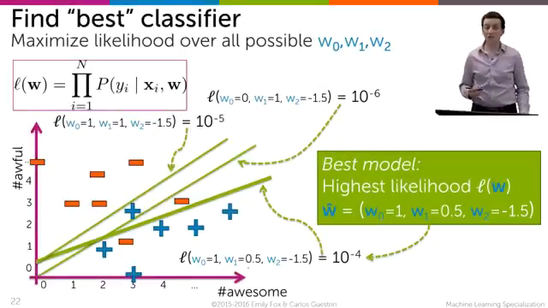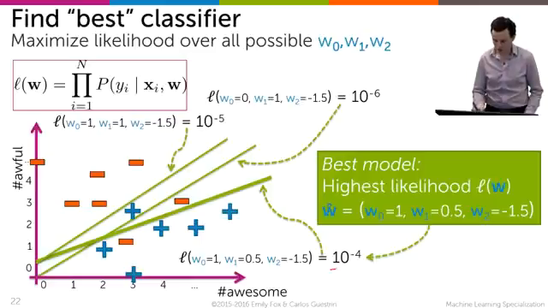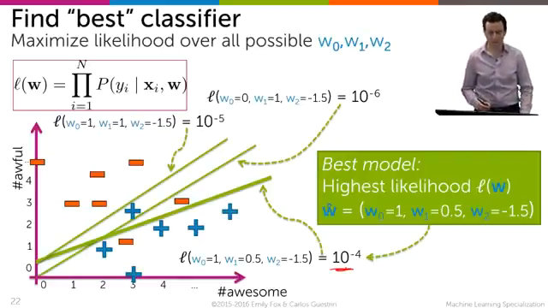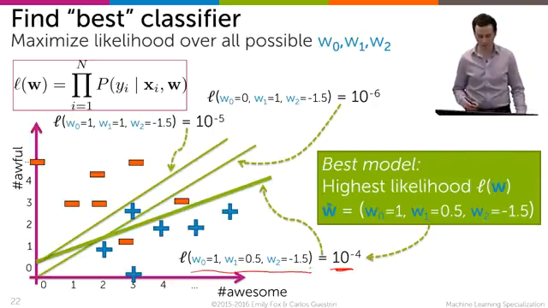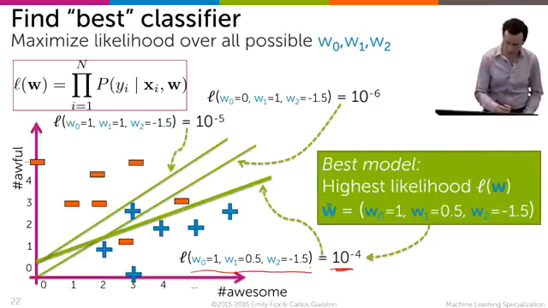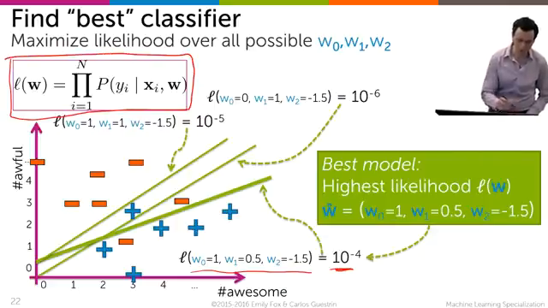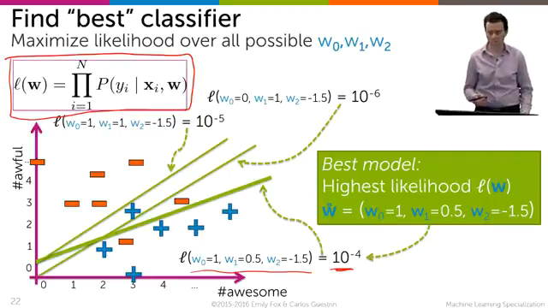Now we can go back to this picture that we've seen a few times where we have multiple lines, they have a likelihood function, and we're trying to find the one that has the best likelihood. This line here with W0 equals 1, W1 equals 0.5, and W2 equals minus 1.5. And we now know that the likelihood function is exactly this function up here, the product over my data points of the probability of the true label given the input sentence that we have.